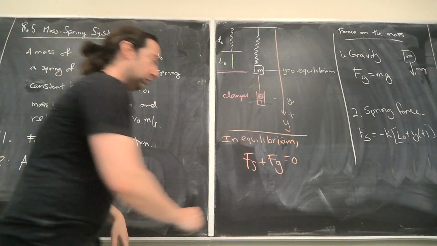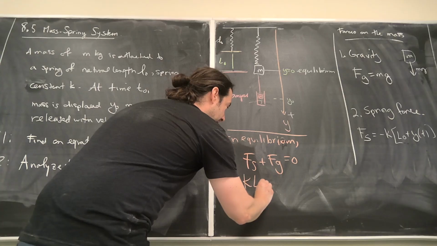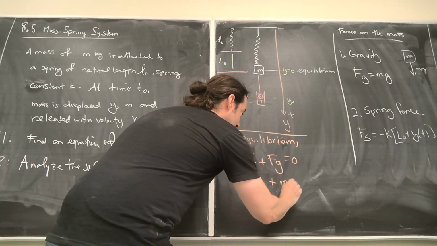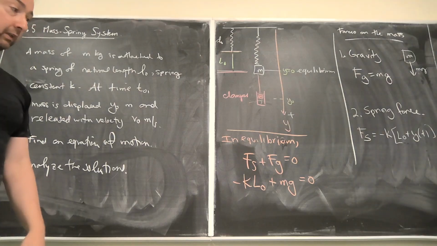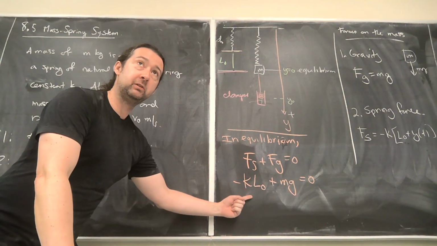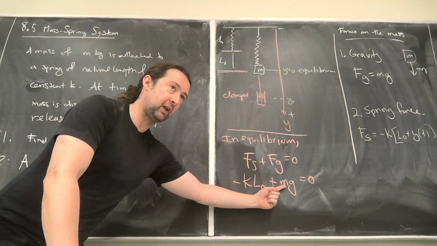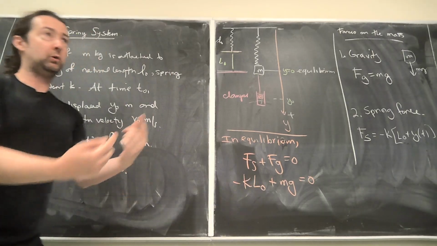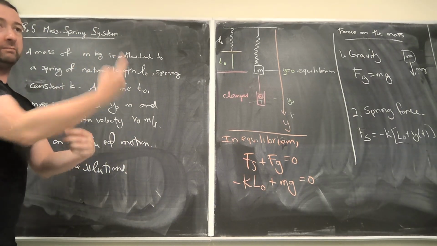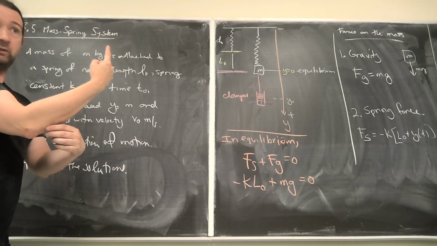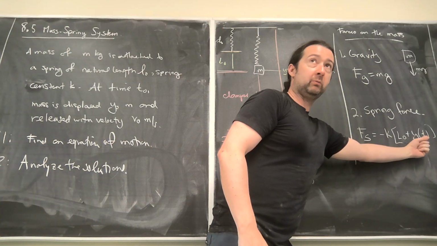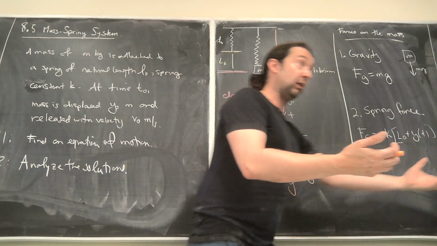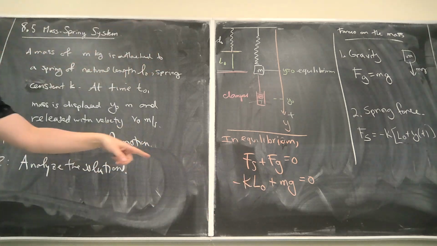So it must be true that minus K times L naught plus mg is equal to 0. These forces point in opposite directions. This is the force of gravity, and this is the force of the spring trying to pull the thing back to its natural position, right? And y of t is not here in equilibrium because equilibrium position is 0. So that is the balance of forces there.